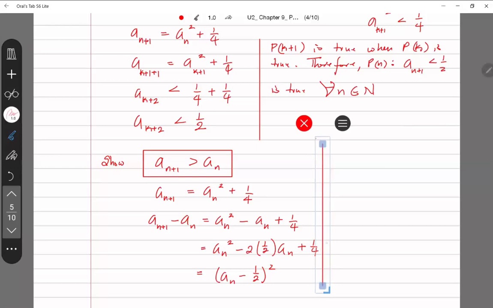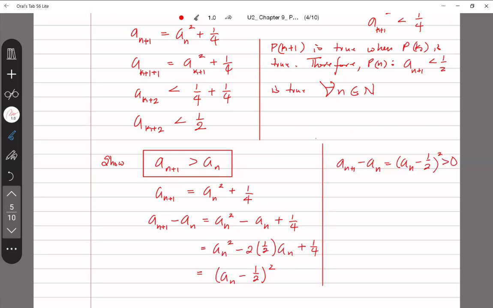So now what I have is a_(n+1) minus a_n is equal to a_n minus a half, squared, which is greater than 0. Why is it greater than 0? It's greater than 0 because the square of something must be positive.